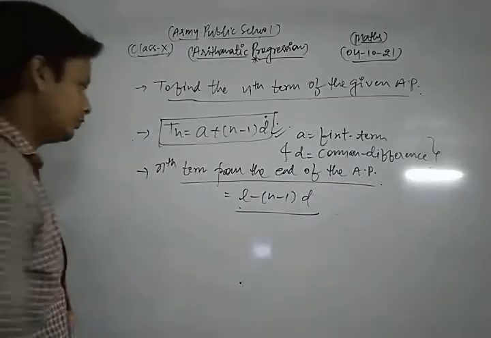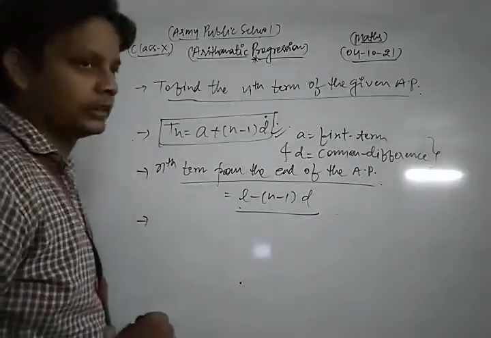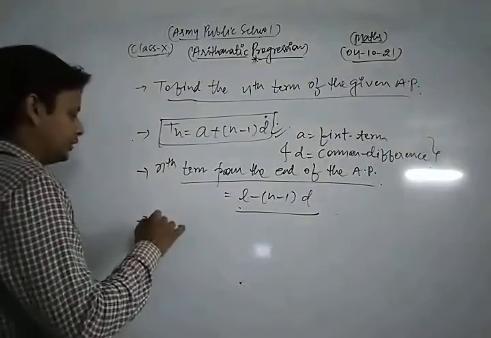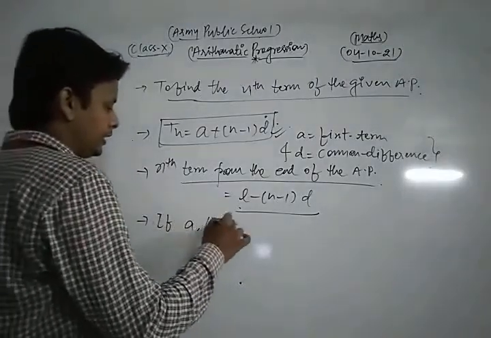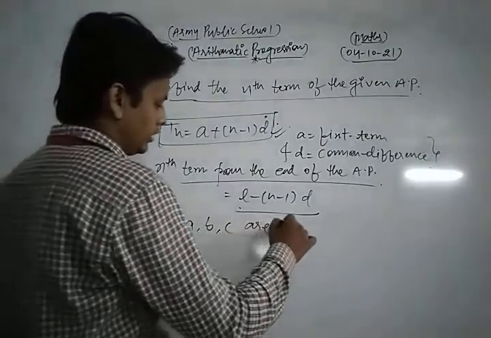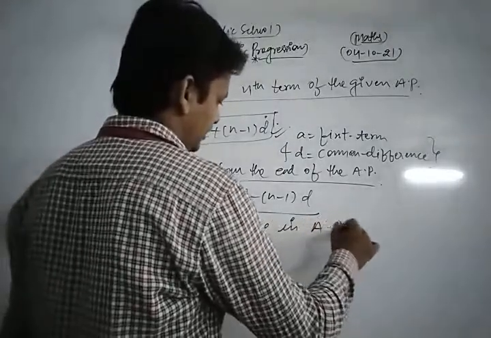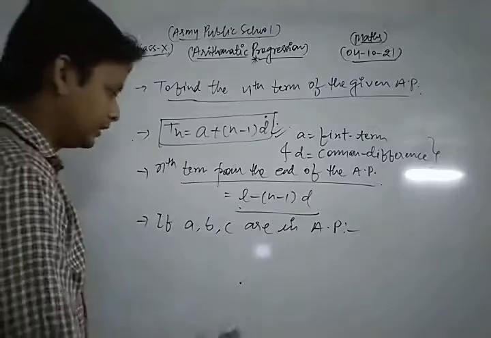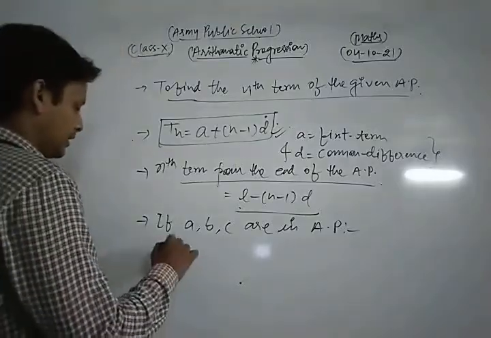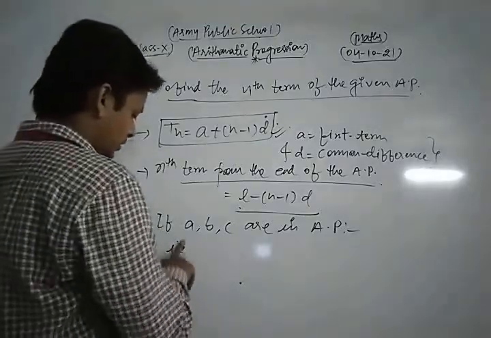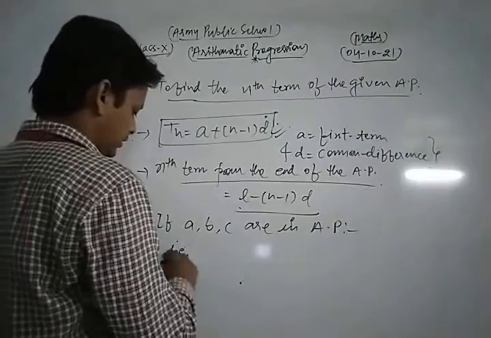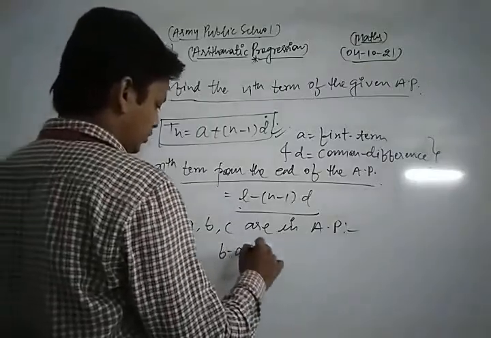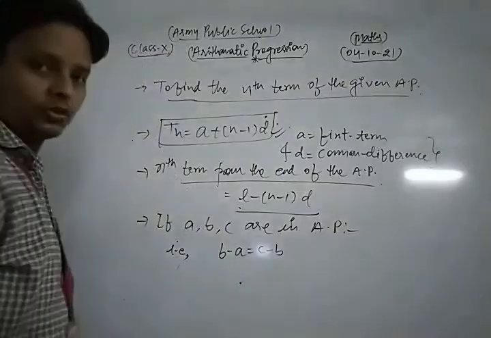Now, a very important concept related to that: if three quantities a, b and c are in AP, then their common difference will be the same, that is b minus a is equal to c minus b.